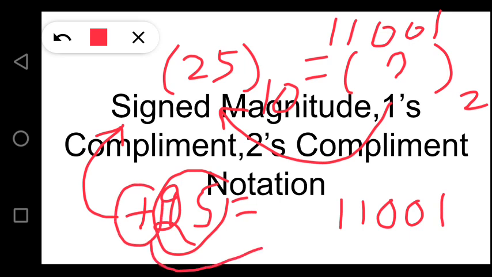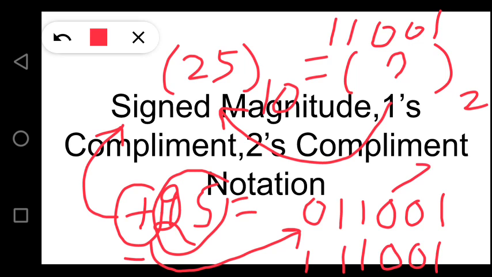If the sign is plus, mark 0 here. If the sign is minus, mark 1 here. So this 11001 with a 0 represents plus 25 and with a 1 represents minus 25.